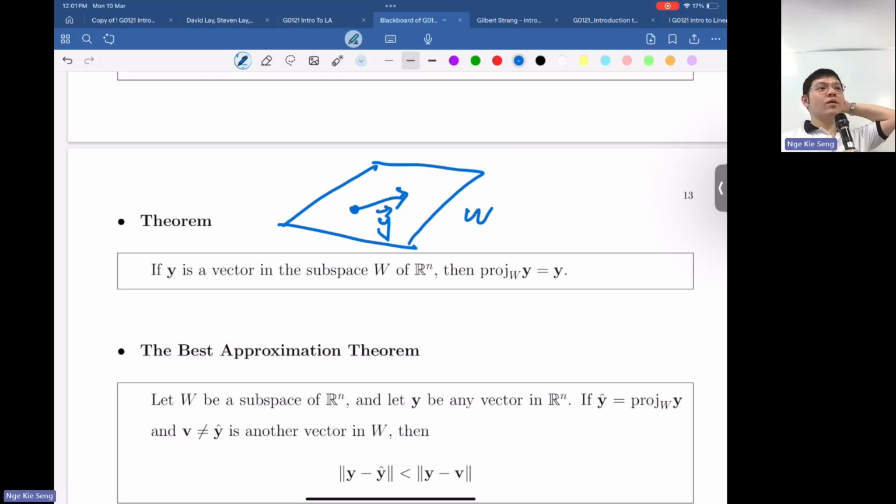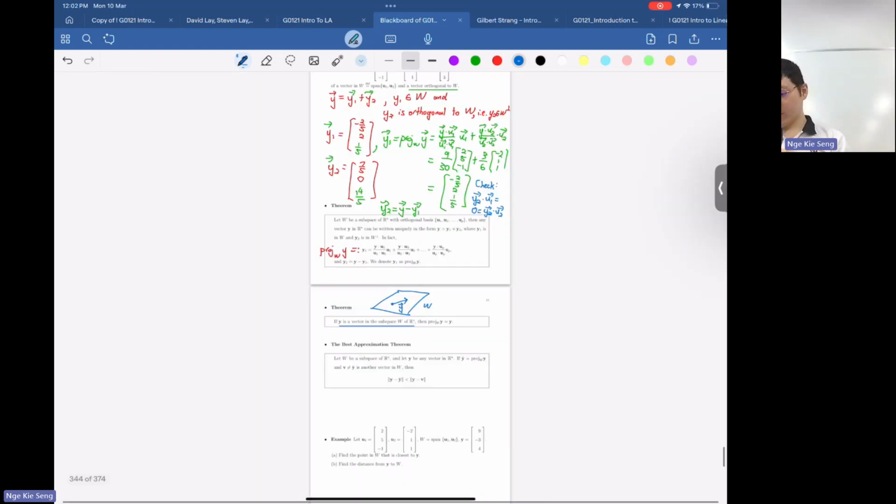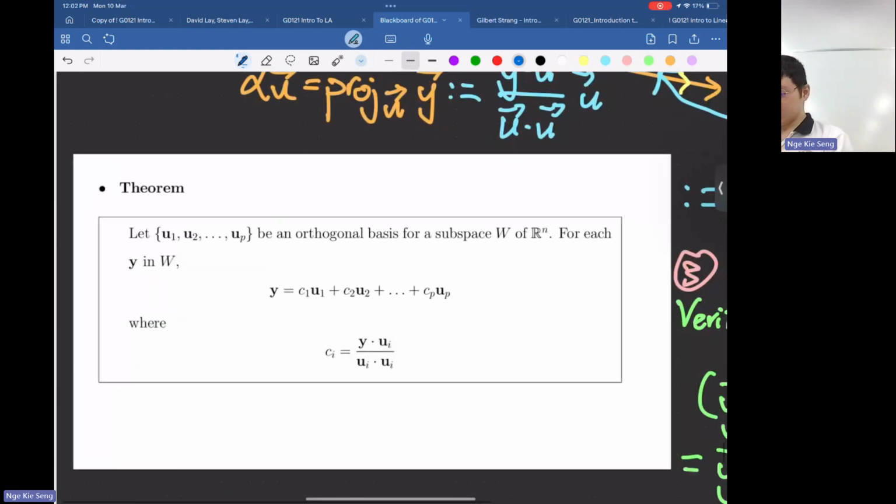It should be just y itself. Correct or not? Is this theorem obvious? If your y already lies inside your W, the projection should be itself. So this links back to your previous theorem here.